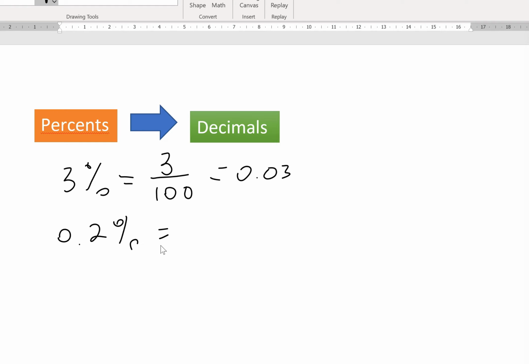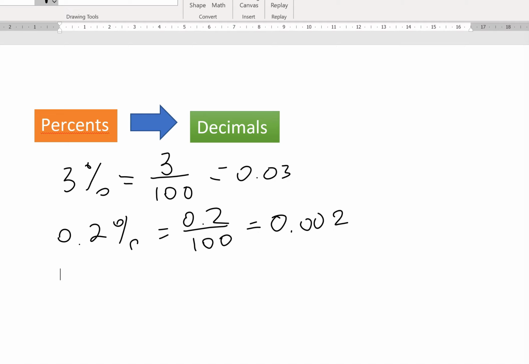The same thing, 0.2% equals 0.2 divided by 100, which is, remember, you have to move the decimal dot to the left over 2 digits. So that would be 0.002. The decimal dot was here, and we moved it to the left 2 digits.